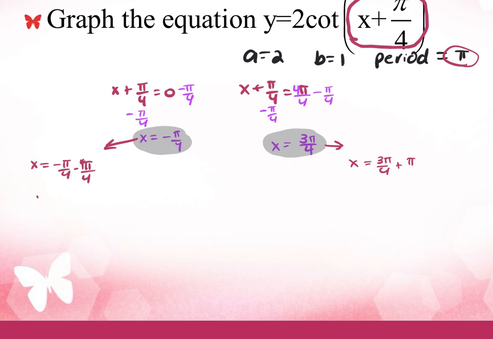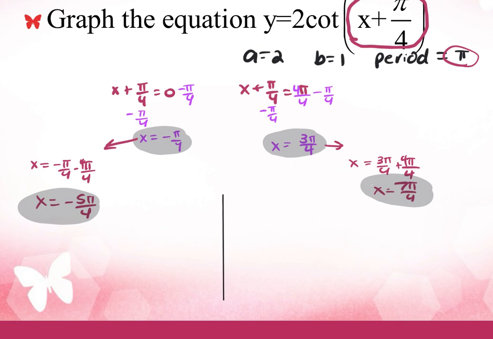So 4 pi over 4. So this is negative 5 pi over 4. 4 pi over 4. And this is 7 pi over 4. Now I've got all 4 asymptotes. So I have 2 to the left of my y-axis and 2 to the right, but they are not symmetric. So I can't pick 0 because that's not halfway between negative pi over 4 and 3 pi over 4.